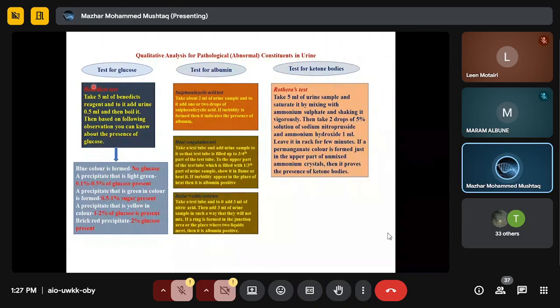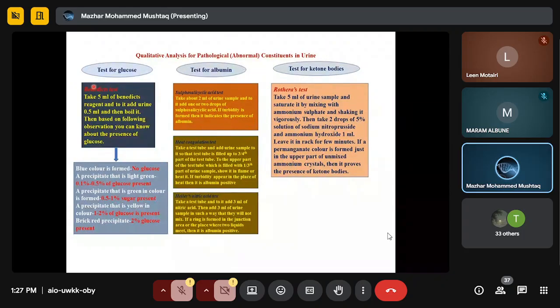For ketone bodies, we have the Rothera test. What is the Rothera test? We take 5 ml of urine, mix it with sodium nitroprusside, add hydroxide and heat it, and then you will see the crystal formation and the smell of ammonia. All these things indicate the presence of ketone bodies. As I said, only for study purposes you have to know these tests.